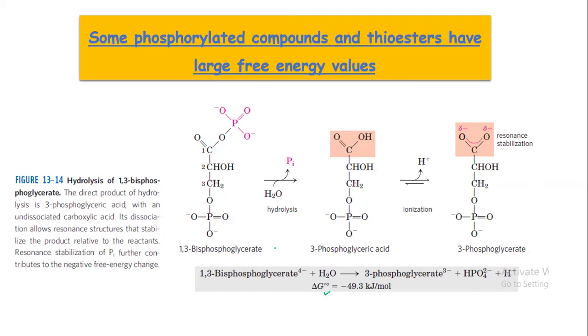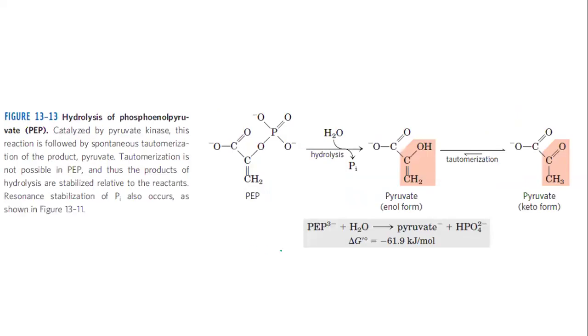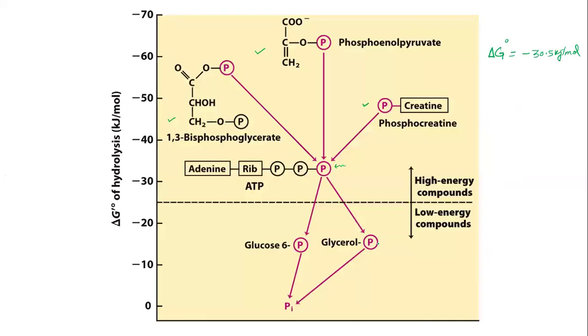For 1,3-bisphosphoglycerate, the delta G naught is minus 49.3 kilojoule per mole. For phosphocreatine, the free energy of hydrolysis is minus 43 kilojoule per mole. And for phosphoenol pyruvate, the value is minus 61.9 kilojoule per mole. So these three values are much higher than the free energy of hydrolysis of ATP.